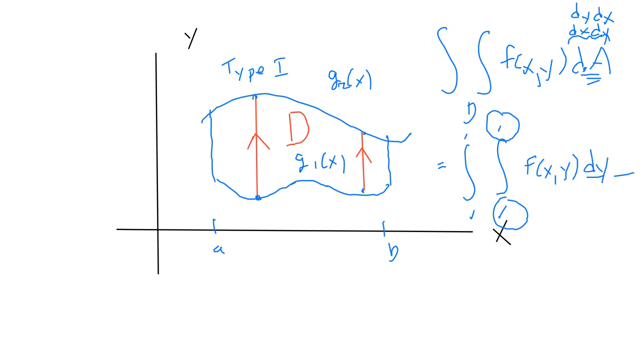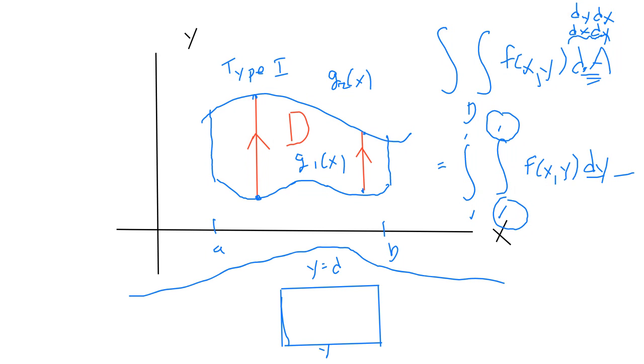if you had something, well, maybe I'll draw it. If your region were this, you'd have y equals c to y equals d.